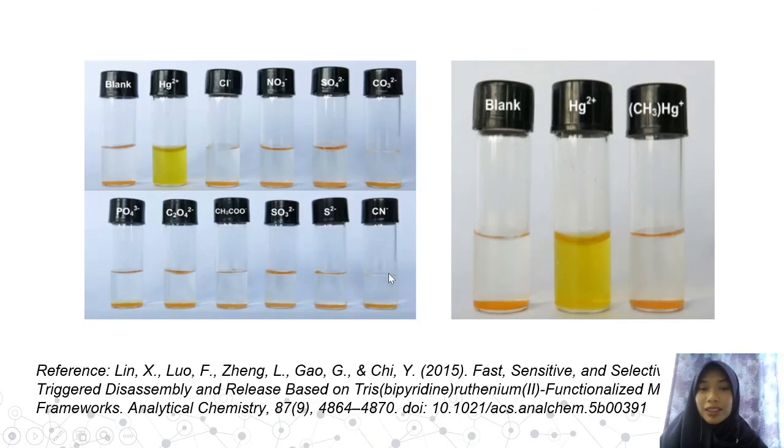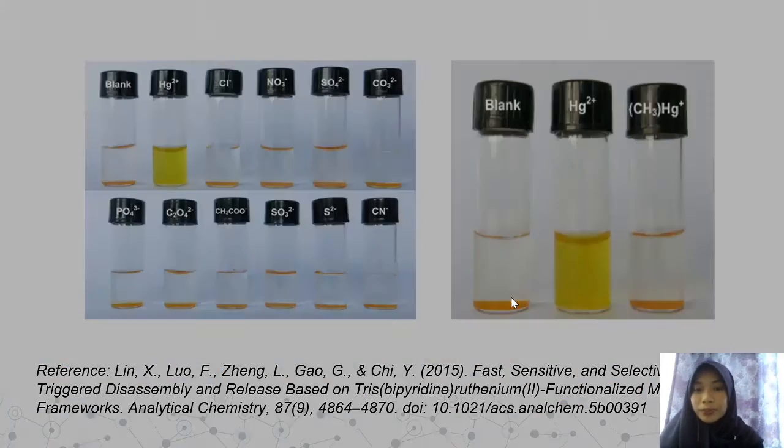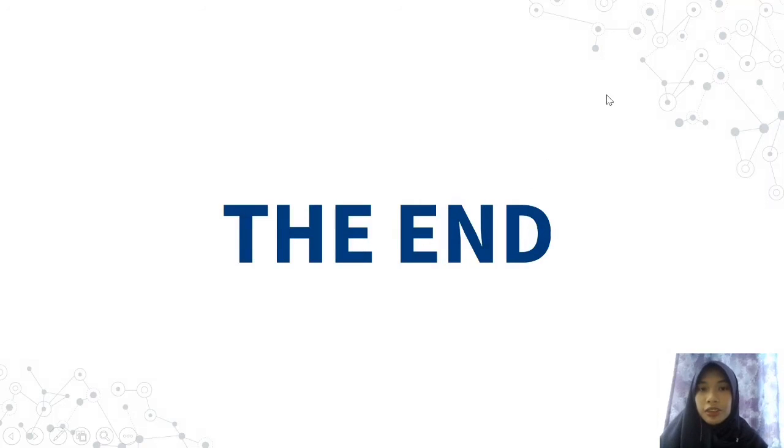So there is potential that this ruthenium MOF can be used as a sensor to detect Hg2+ ions in water, and this has been taken from this article down here. And that's the end of our presentation.